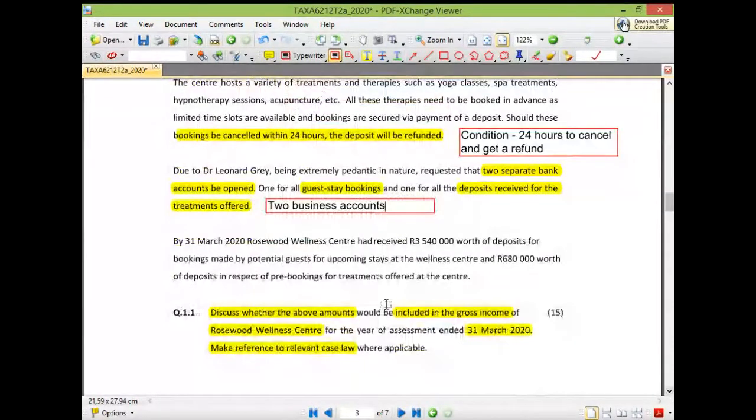And then by 31st of March, they tell you they have received 3.5 million worth of deposits for the bookings for potential guests for their stay. So that's the accommodation deposits. And then 680 for the deposits relating to treatments.